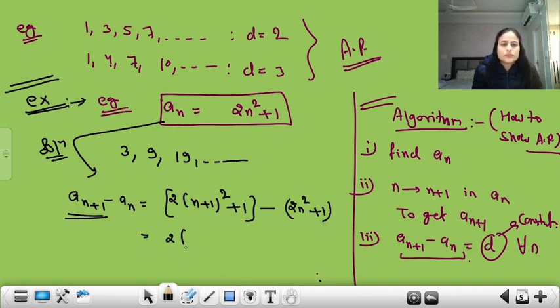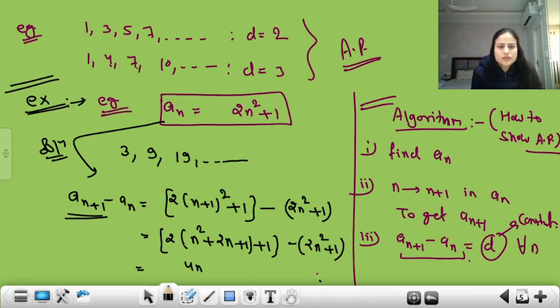So 2 times n square plus 2n plus 1, plus 1, minus 2n square plus 1. Here 2n square and 2n square cancel out. I am just getting 4n plus 2, then plus 2 minus 1, that means just 2.